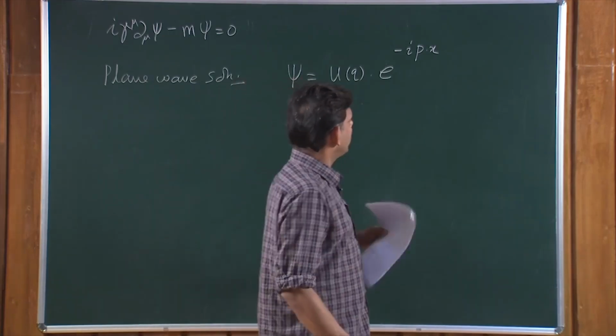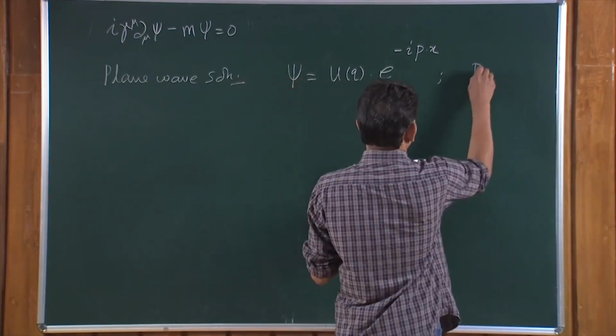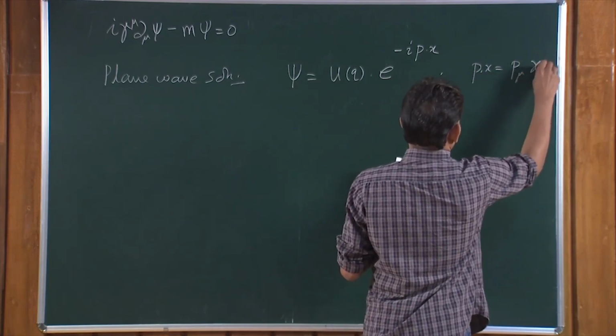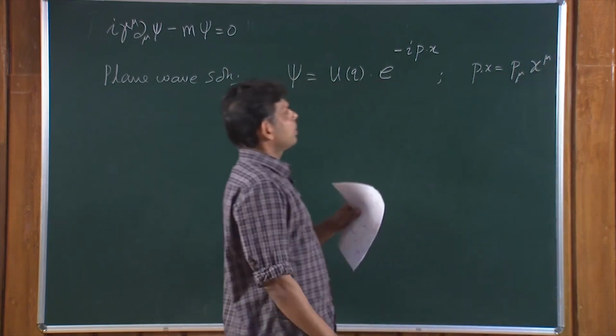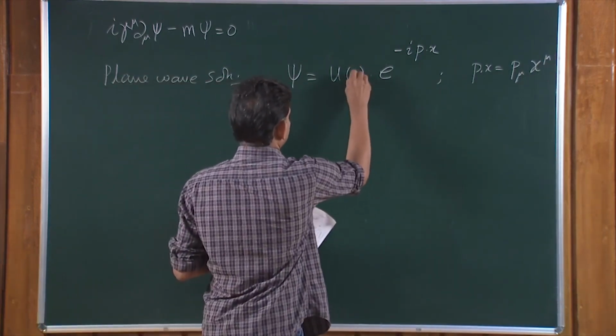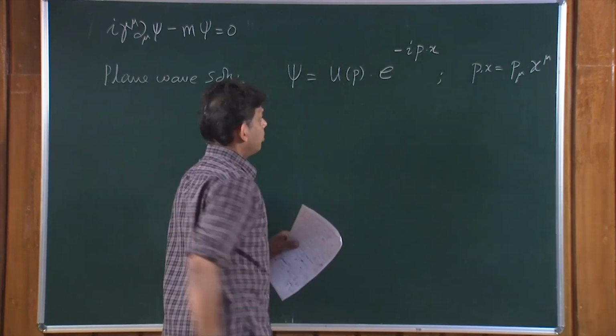This is what is called the plane wave solution, where p dot x is the 4 vector dot product between the momentum p and x.